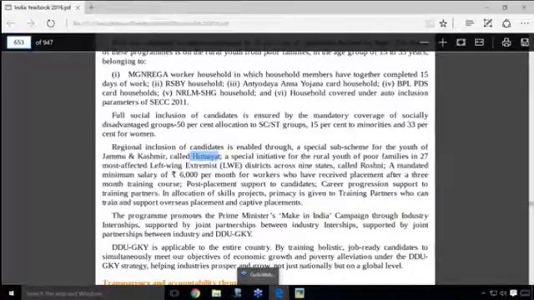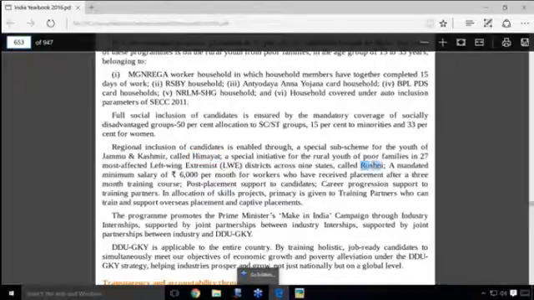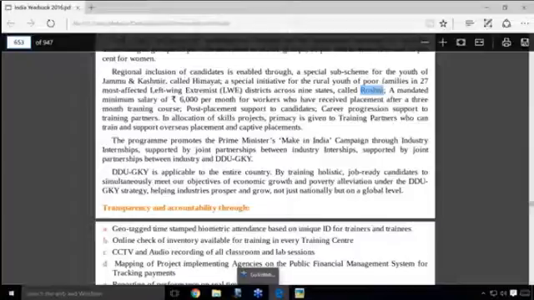This is on page 725, from below, third paragraph, regional inclusion of candidates. In the second line is Himayat, which is aimed at Jammu and Kashmir, and the other one is Roshni, which is aimed at left-wing extremism affected areas. So these two are important.